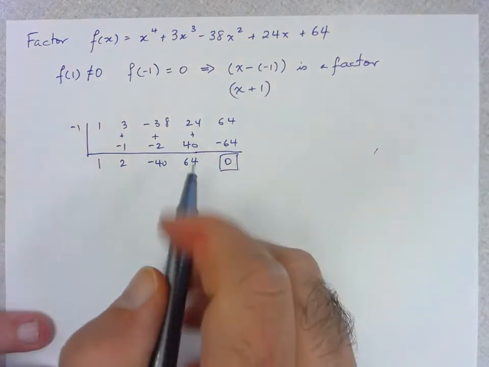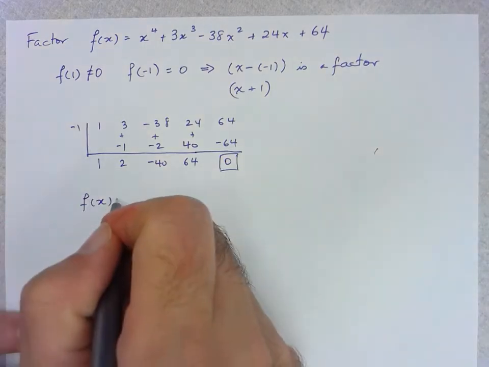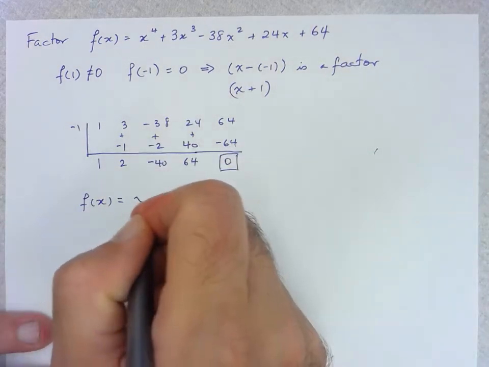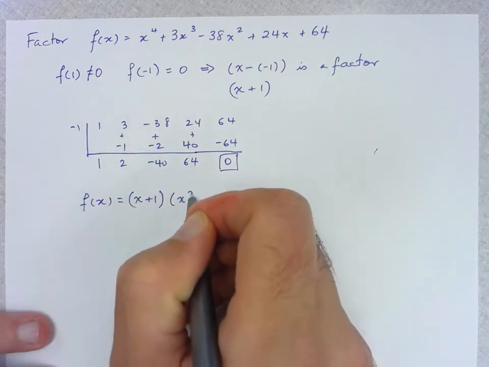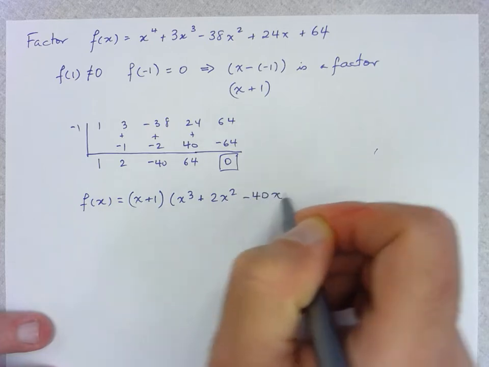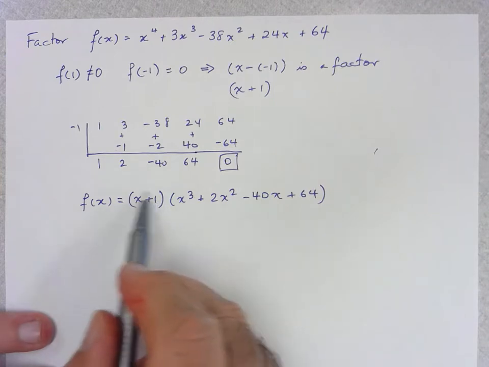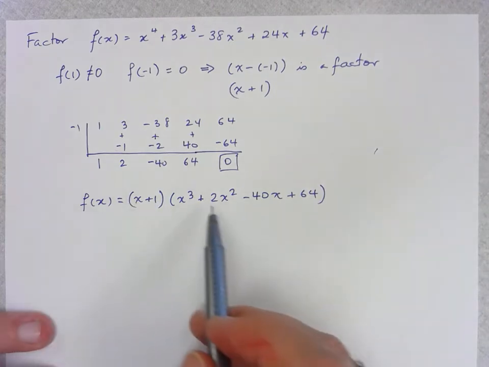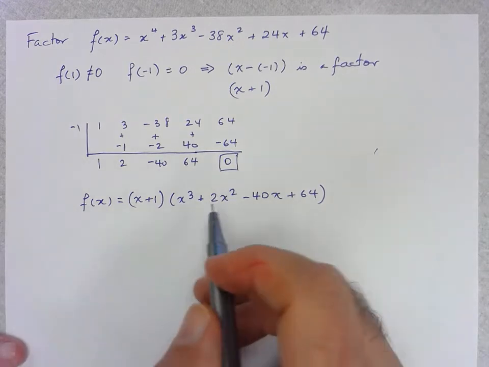So what does this mean? This means that f at x can be written as my first factor of x plus 1 times the quotient x cubed plus 2x squared minus 40x plus 64. Okay, so I have this factor of x plus 1 that's done, but now I'm left with this cubic. Now with this cubic, I see 4 terms.